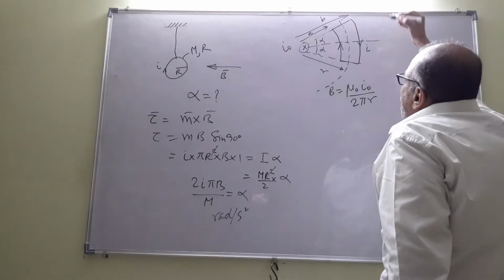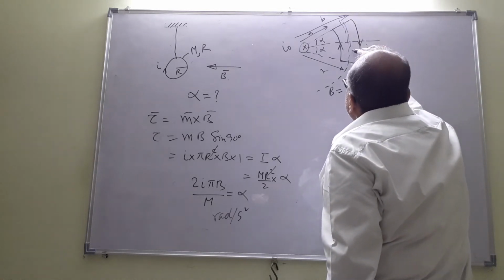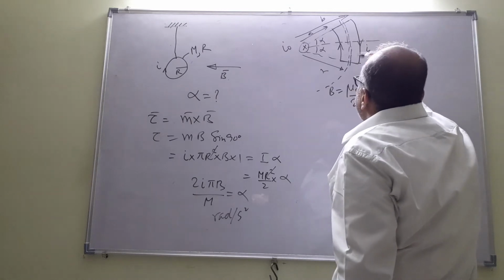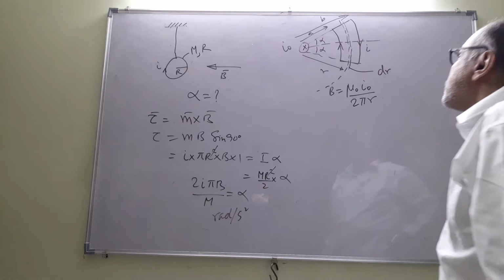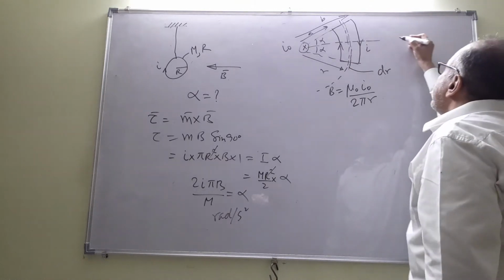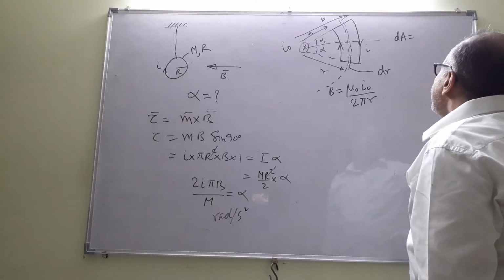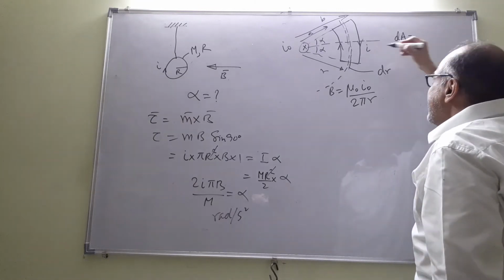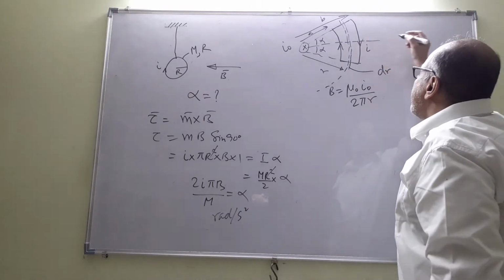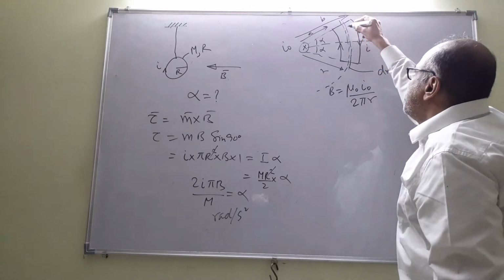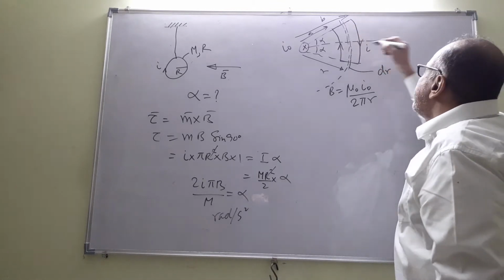So therefore, what we will now do is try to take an area of a loop of thickness dr. So the area dA would be the area of that thin part of the sector.